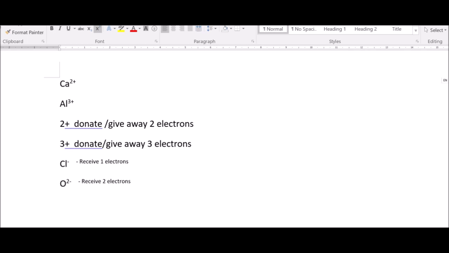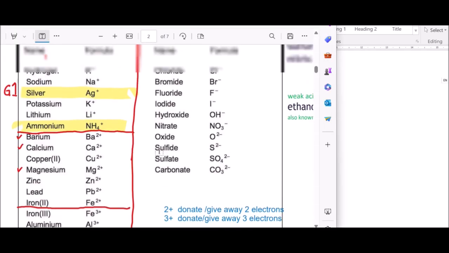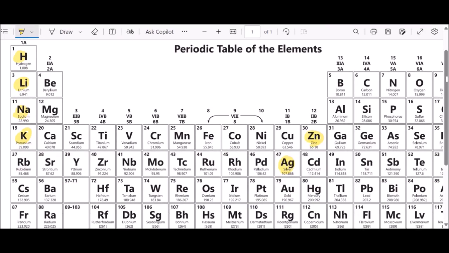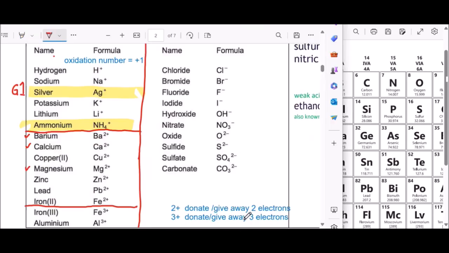Now let us go back to the table. Now that you know the idea, positive 1 means giving away 1 electron. For the first group, what do you realize is the similarity between hydrogen, sodium, potassium, and lithium? As you can see, these 4 elements are from group 1. Therefore, they have the oxidation number of positive 1.